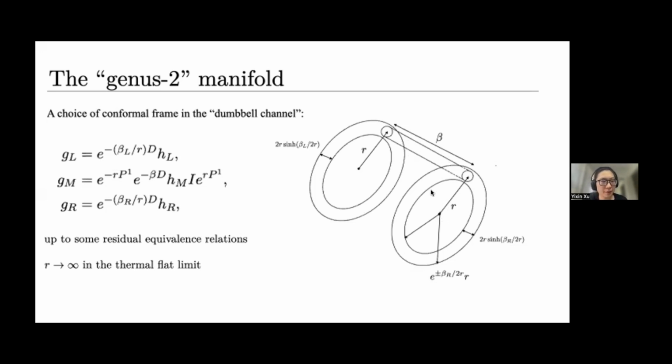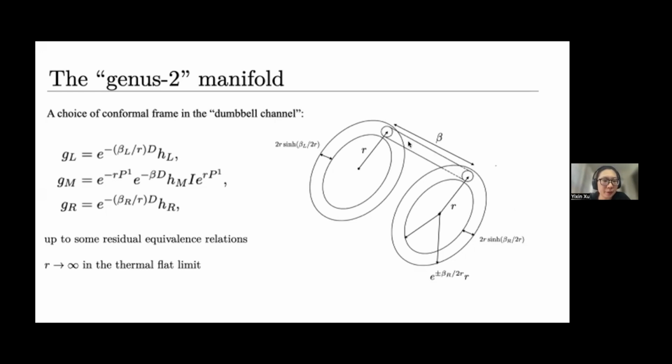We glue a sphere with radius e to the power minus beta R over 2R with a concentric sphere whose radius is e to the power beta R over 2R times R. And then, of course, the distance between the inner and outer sphere is going to be 2R times sinh of beta R over 2R. Then you can remove a unit ball centered at radius R and do the same for the other torus on the left.